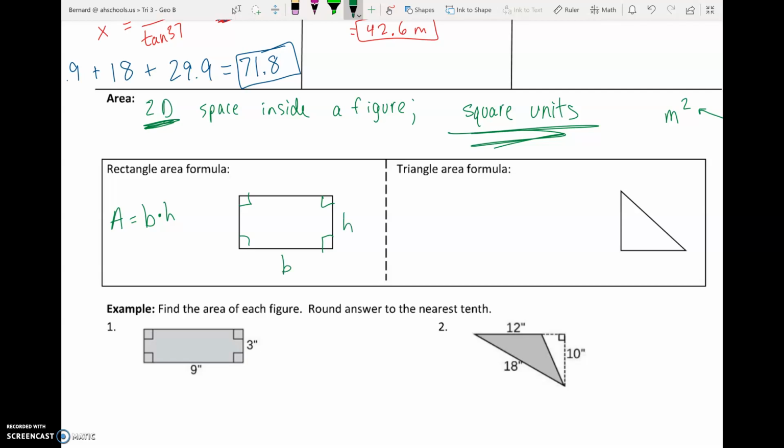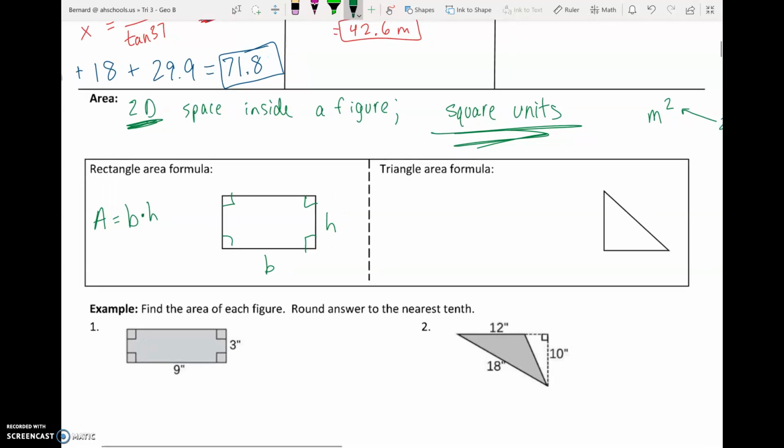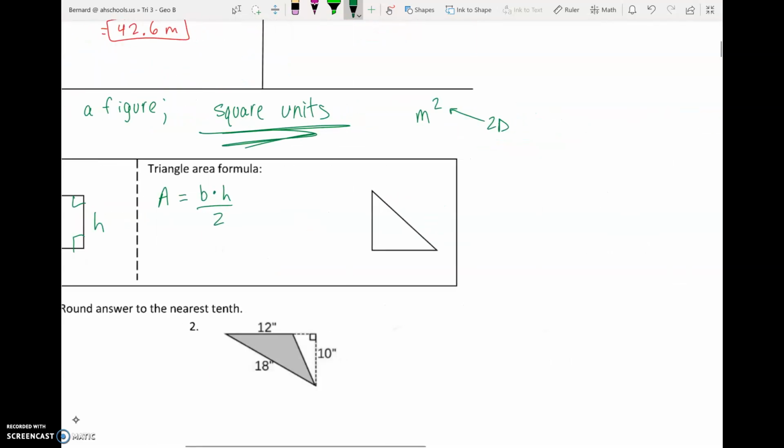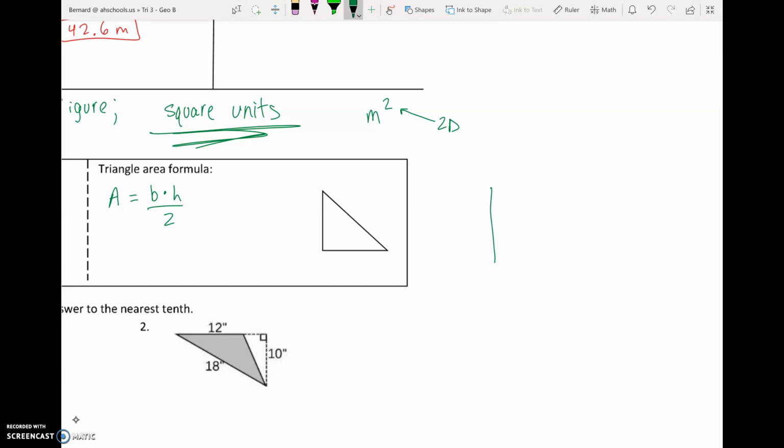Now, for the triangle, we can talk more about this in the future if you'd like, but the area of a triangle is very similar to the area of a rectangle, but it's base times height divided by 2. The reason is, if I made a rectangle which has an area of base times height, and if I draw a diagonal in there, now I have 2 triangles.